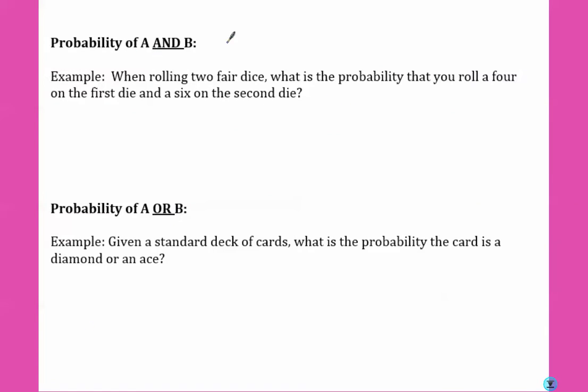So the probability of A and B, which we write with the notation P of A and B, equals the probability of A times the probability of B. So when rolling 2 fair dice, what is the probability that you roll a 4 on the first die and a 6 on the second die?